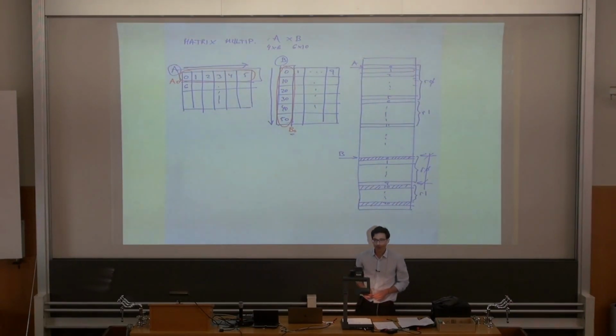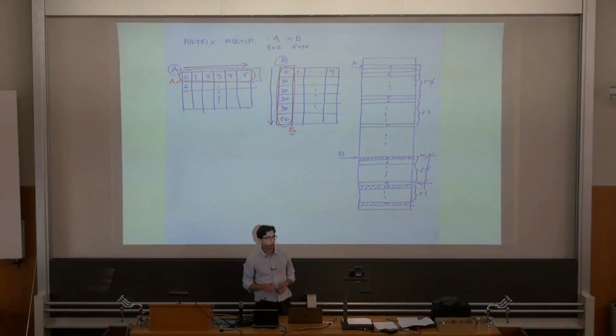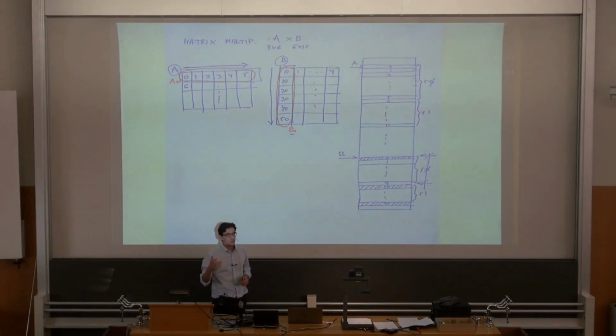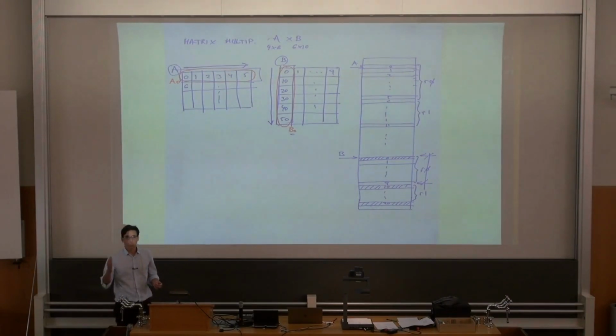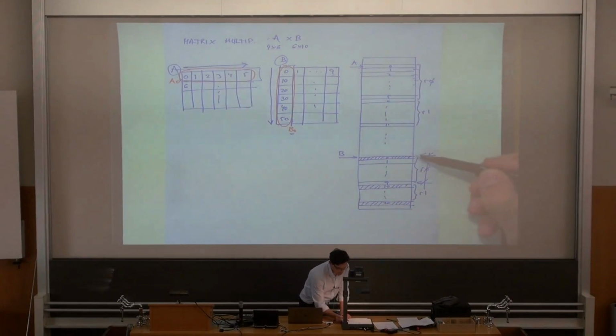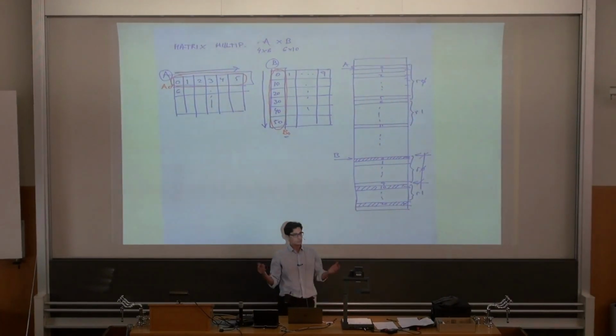Well, it depends on the number of banks and how it relates to the stride. In this particular case, we have a stride 10, and if we consider the worst case, a memory in which we have only 10 banks, the problem is that all these elements 0, 10, 20 will be stored in the same bank.